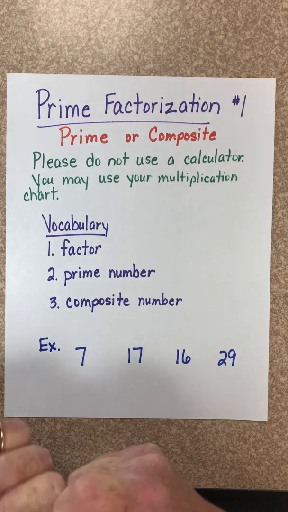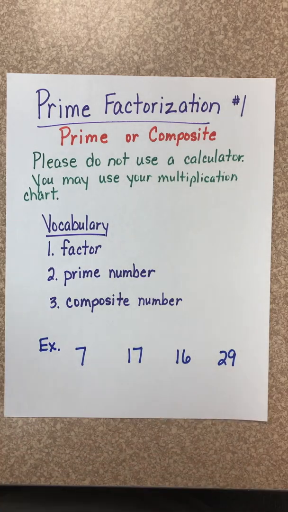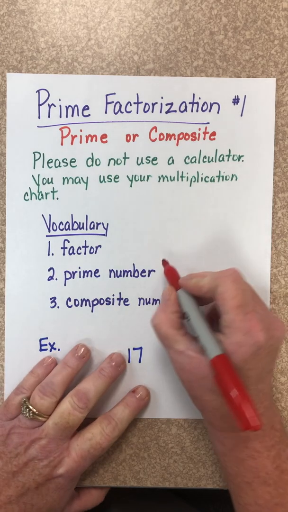Let's start with factor. Factors are numbers that you multiply together to get a number. A prime number is a number that has only two factors.